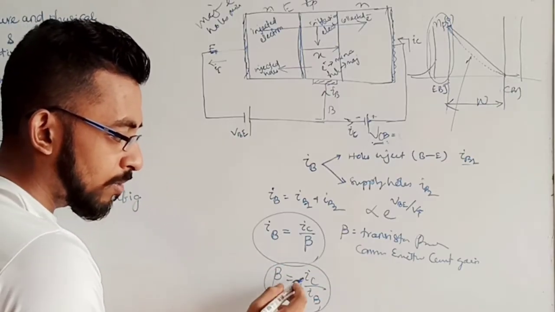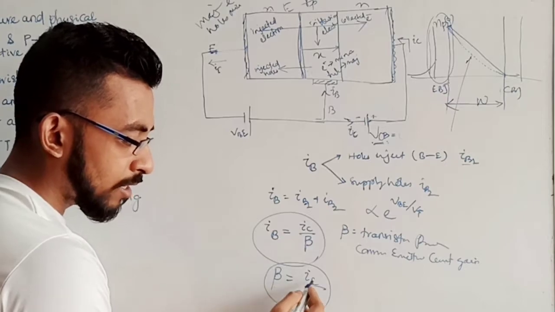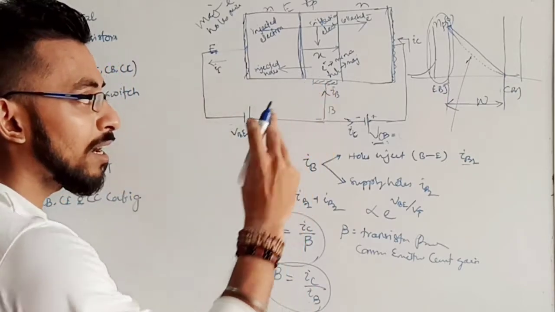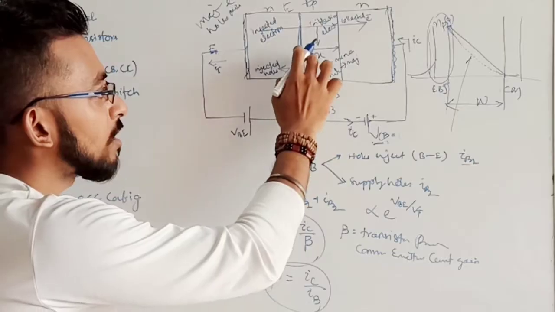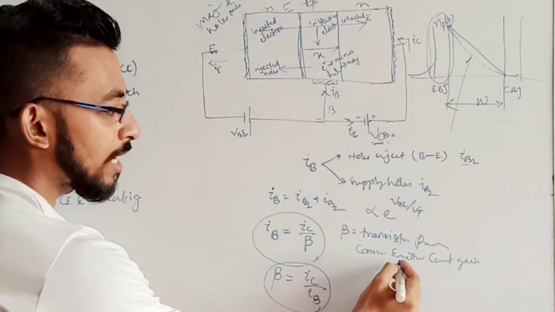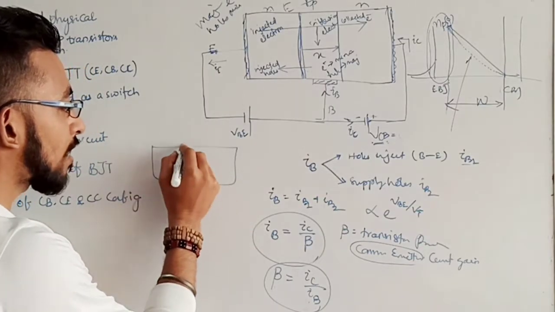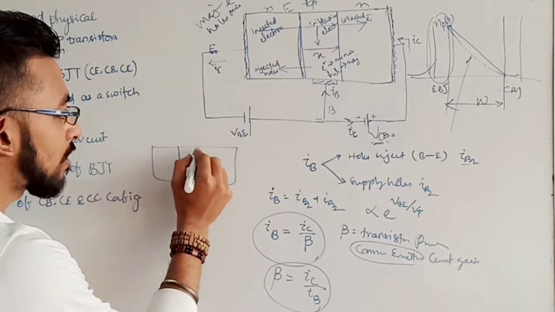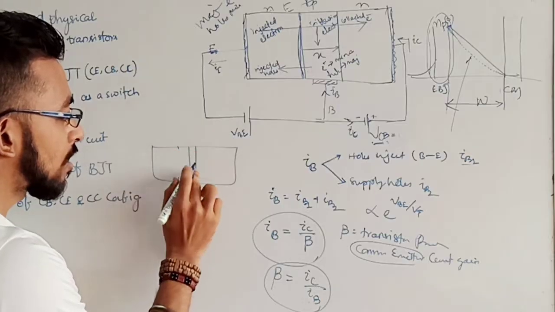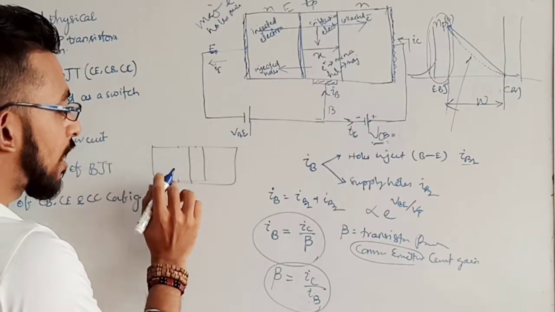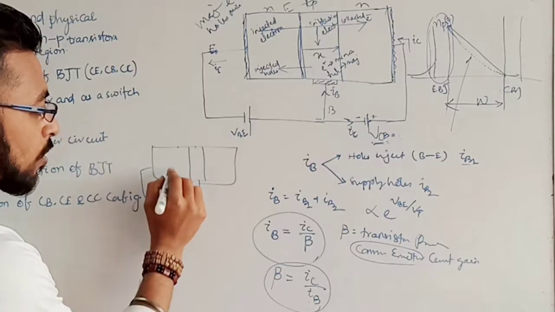My beta value is the ratio of collector current to base current. Since there are three terminals, one emitter, one base, one collector, here my emitter is common to both, meaning the circuit might look like this. This is emitter, this is base, this is collector, and my emitter is common to both.